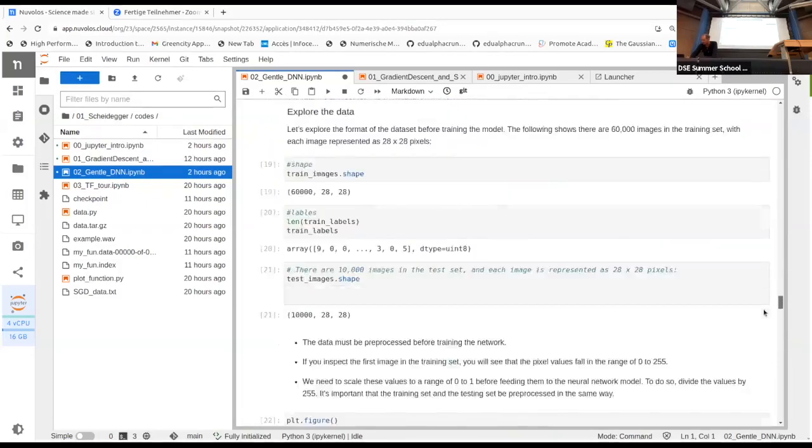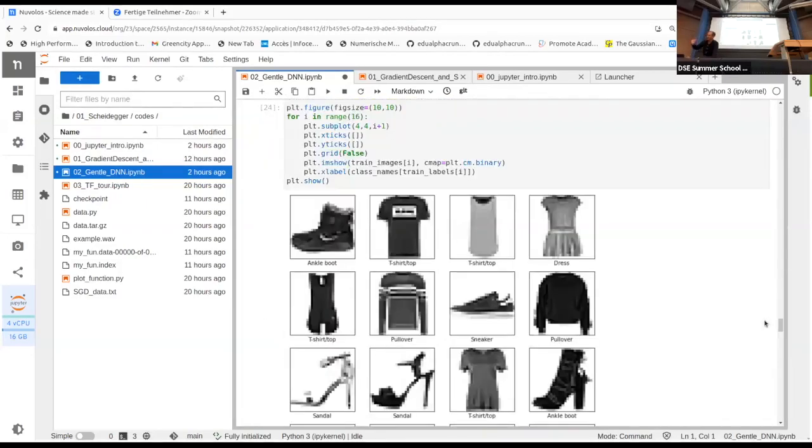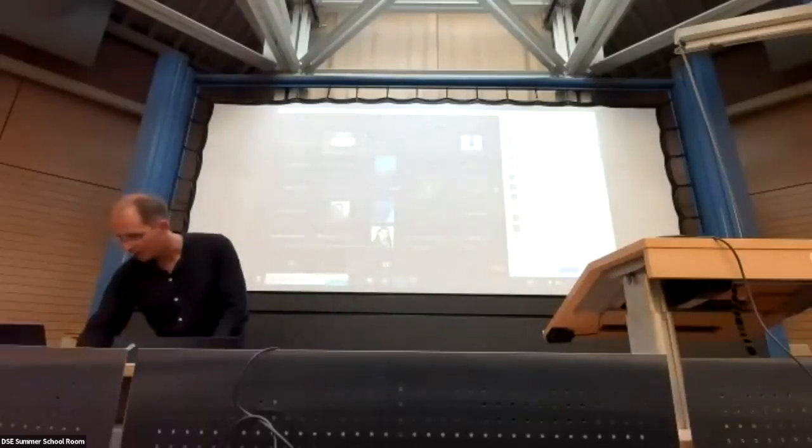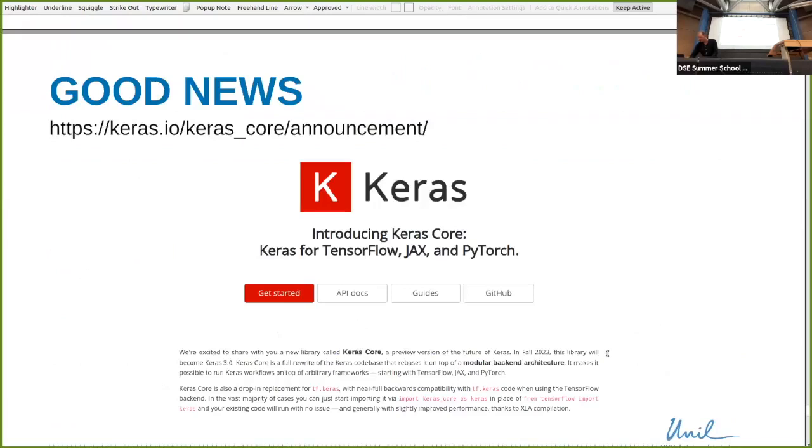Then we will have a classification example with a data set of 10 different types of clothes. This would take another 2 hours. So you have these codes here, play with them, get acquainted.